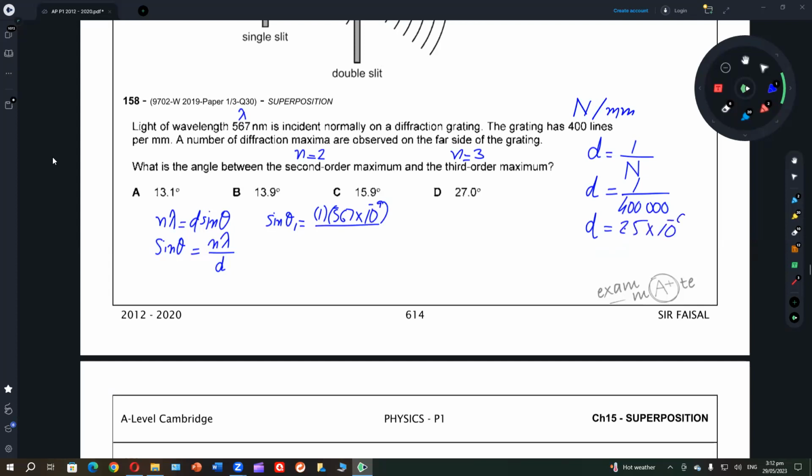So why did we take it as 400,000? We could have taken it as 400 into 10 minus 3 as well. No, it can't be minus 3, because I'm not converting millimeter to meter. I'm using a logic. If there are 400 lines in 1 millimeter, how many lines would be in 1 meter? It's not a unit conversion, it's a ratio. Okay, I got it. So 1000 into 400 they will be.